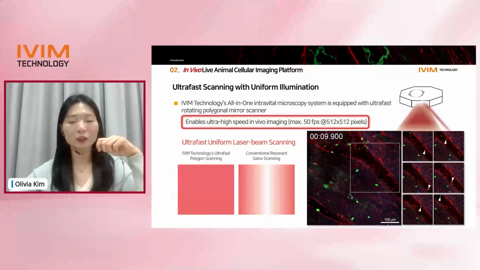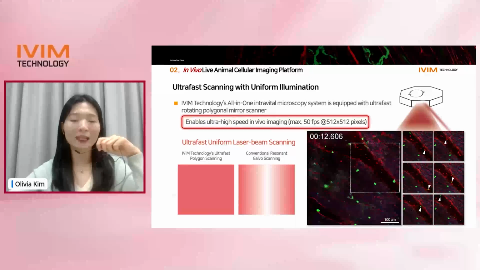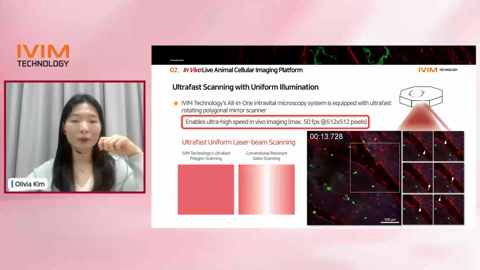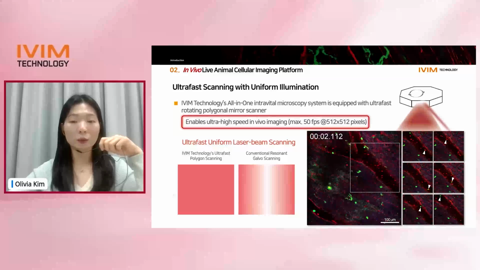To overcome this limitation, iBeam Technology has implemented an ultra-high-speed scanning system utilizing both a polygon scanner and a galvanometric mirror. By integrating these two scanning mechanisms, we are able to precisely visualize the rapid motion of cells in real time. The video shown here is an example of real-time imaging of fast-flowing red blood cells in the beating heart.